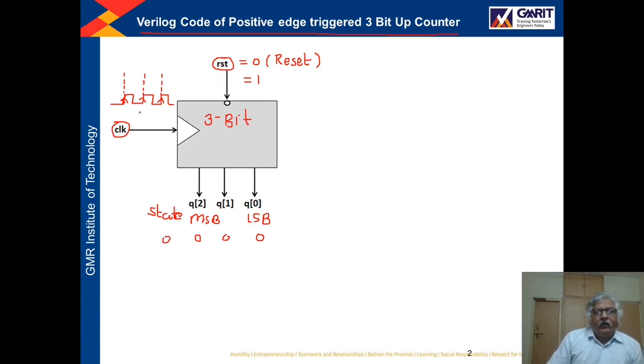Now when the first positive edge of the clock is detected, this counter will go to the next state, and the next state will be 0, 0, 1.